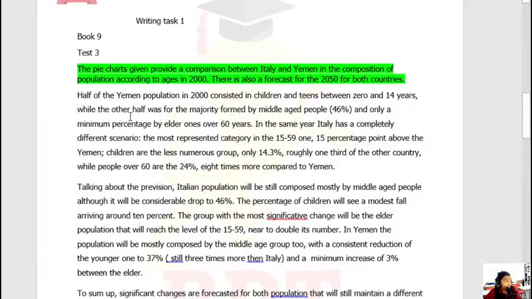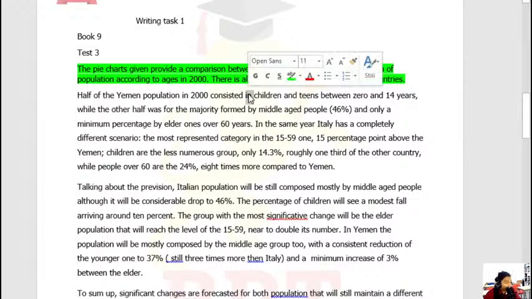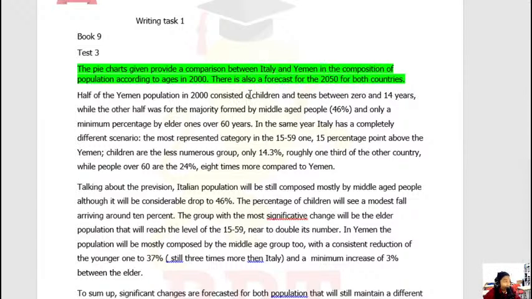Half of the Yemen population in 2000 consisted of children and teens between 0 and 14 years, while the other half was for the majority formed by middle-aged people, 46%, and only a minimum percentage by elder ones over 60 years.